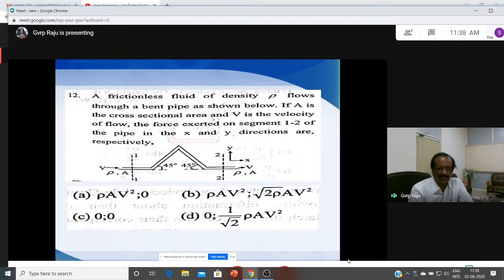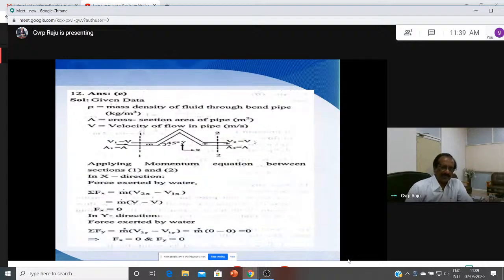If A is the cross-section area and V is the velocity of the flow, what is the force exerted on segment 1, 2 of the pipe? He is asking for the force in x and y directions, so you can find out Fx and Fy. This is the solution here.